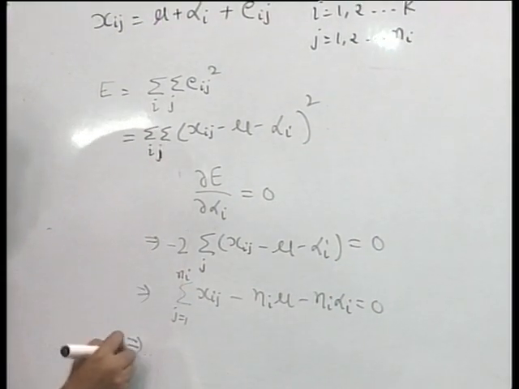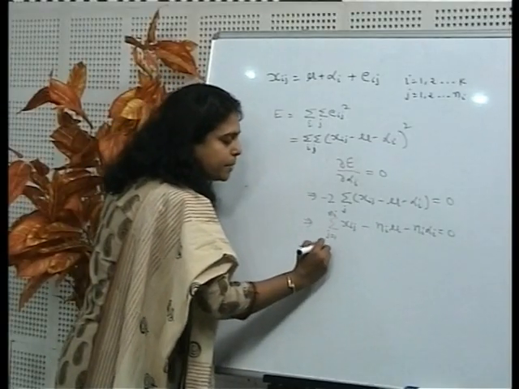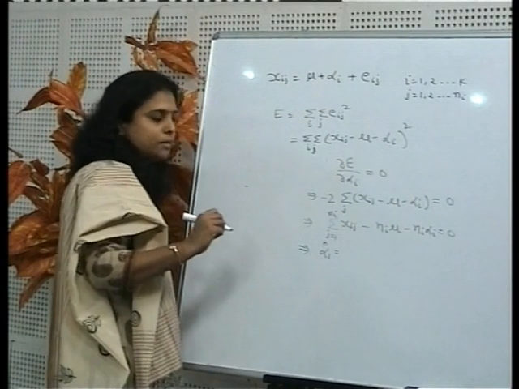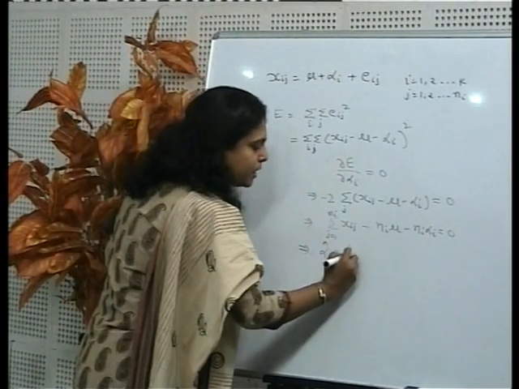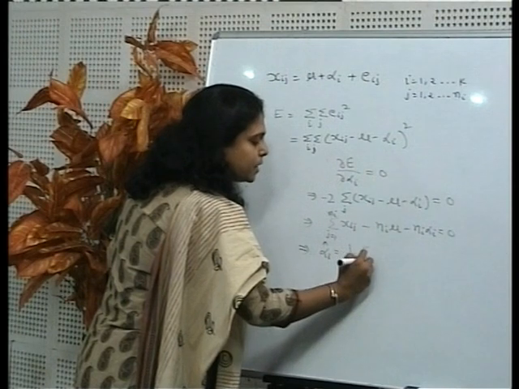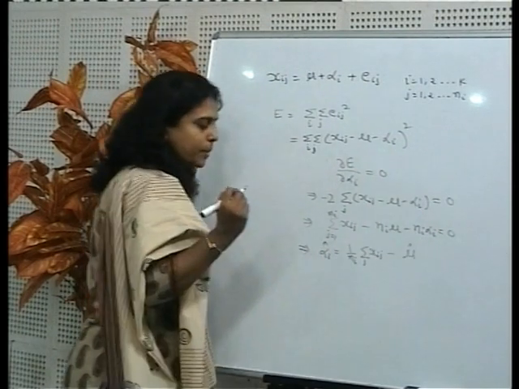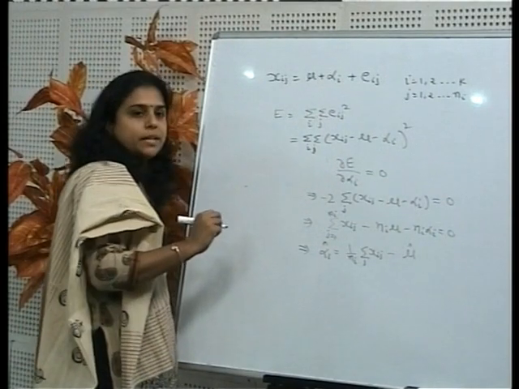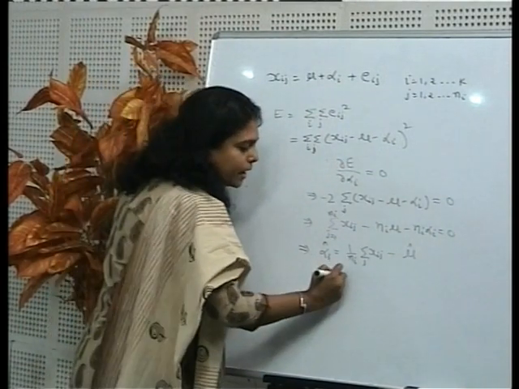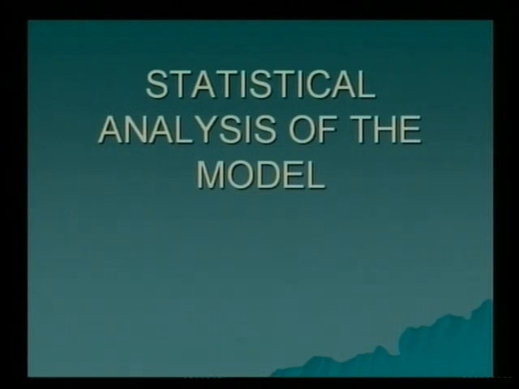So this implies alpha i cap, if we divide all the three terms by ni, we get 1 upon ni summation over j xij minus mu cap. This summation xij over j divided by ni has been given a notation, that is xi dot bar.